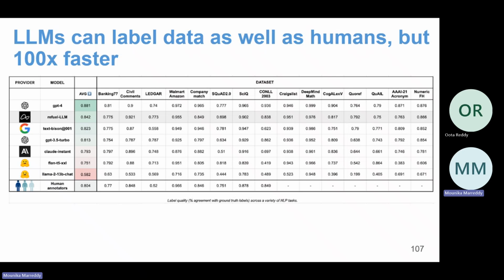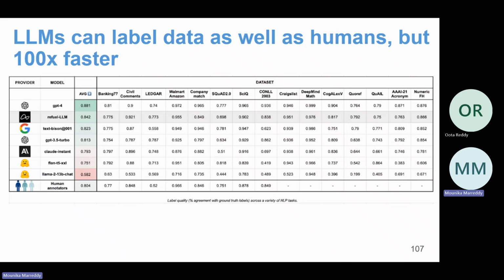So label quality measures how well the labels generated by humans as well as the LLMs compare with the original gold labels. The highest numbers in each column are highlighted with green. Here GPT-4 is performing better when compared with the human annotations, when we compare these annotations with the gold labels. And the reviewer LLM is also performing very well in the annotation process.